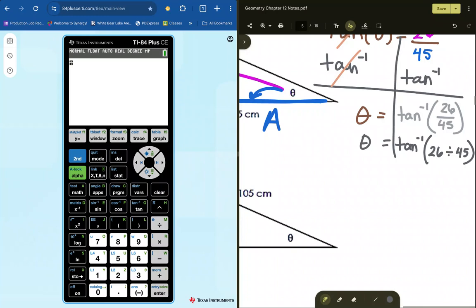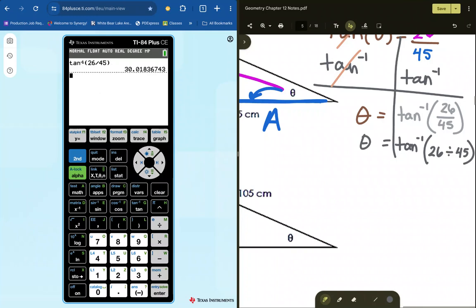I can see that the arrow has pointed up, showing me that it's in the second mode, looking for the values that are above the buttons. And then I'm going to hit the tangent button. And I can see it comes up with that little -1 for me right away. It's already got the parenthesis to start, so then I'm going to do 26 divided by 45, close my parenthesis, and hit equals.